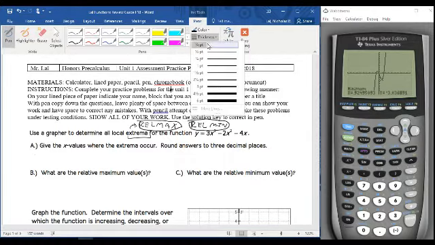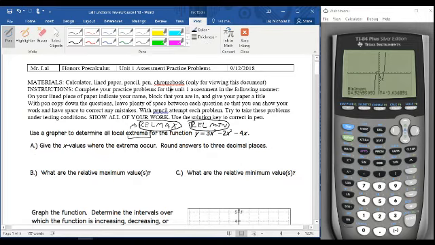It gives me a relative minimum coordinate where the x value is 0.925. Let's round to 3 places.